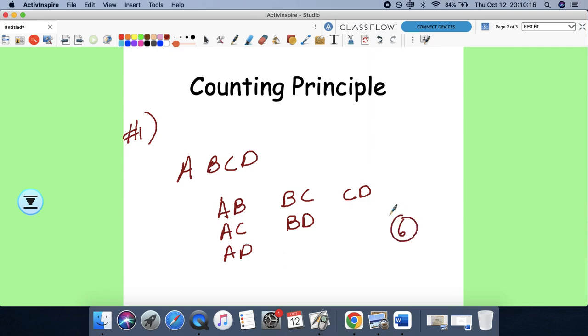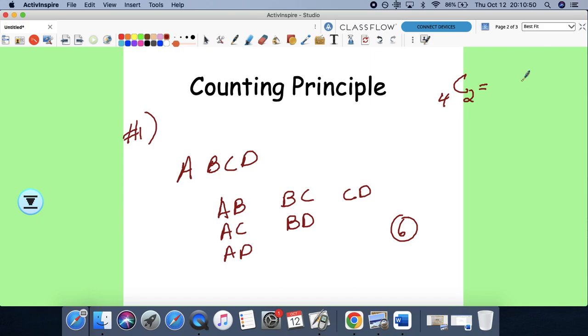I wonder if that's easier than the formula for combinations. If it's only 4, like it's written here, you could do the combination. In this case it's 4 people taken 2 at a time.